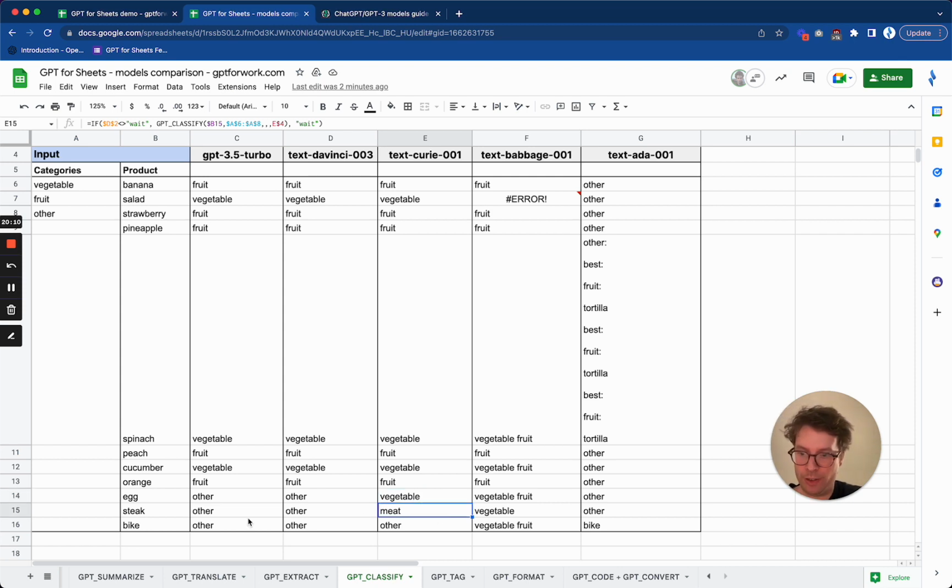It also classified steak as meat, which is correct, but it's not one of the categories that was available, so it is not the result I'm looking for. So for classification, use ChatGPT or DaVinci. I can speak from experience, in some more sophisticated cases, DaVinci will actually be better.